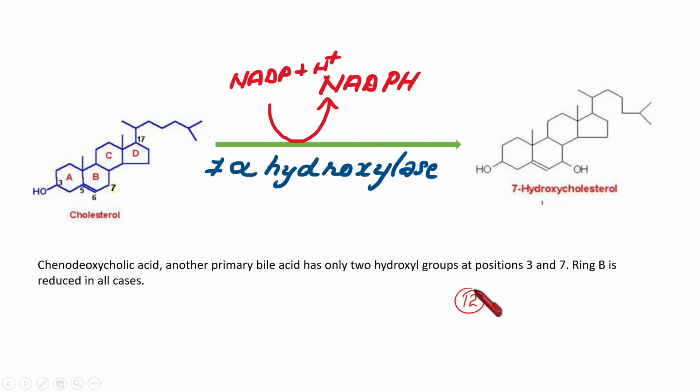An OH group at the 12th position is present only in the case of cholic acid. Chenodeoxycholic acid possesses only two hydroxyl groups, at the third and seventh positions, as we can see in the structure.